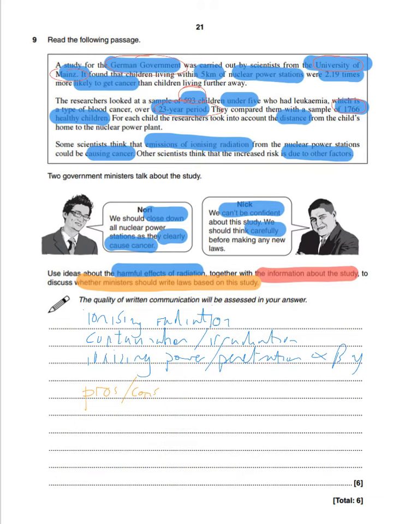It might be that it eliminates these higher levels of cancer, but it might well be that it's something else that's causing it, and we could write about that. And then we'd think of some cons of closing nuclear power stations, so what problems they may have. And if we do all those, we should definitely get 6 marks, but you can see it's quite a complicated question.